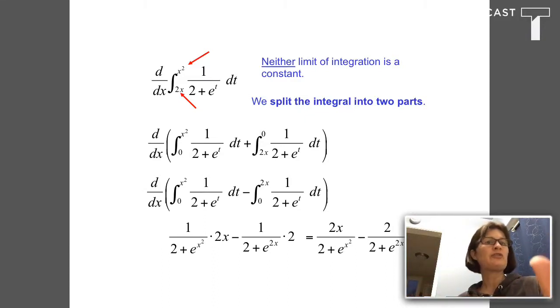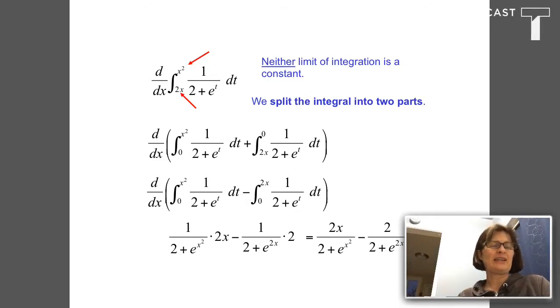Instead of integrating from 2x to x squared, I can pick any number. It doesn't even have to be something I think is between 2x and x squared. Pick any number. 0 is obviously the easiest one to use. I'm going to change this to the integral from 2x to 0 plus the integral from 0 to x squared. So taking that area under and picking just some number to split it up into two sections.